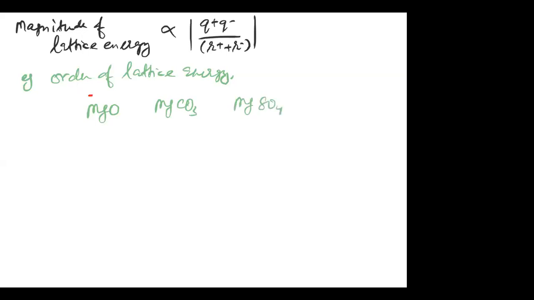Here the charges of magnesium oxide are +2 -2, magnesium carbonate is also +2 -2, and magnesium sulfate is also +2 and -2.